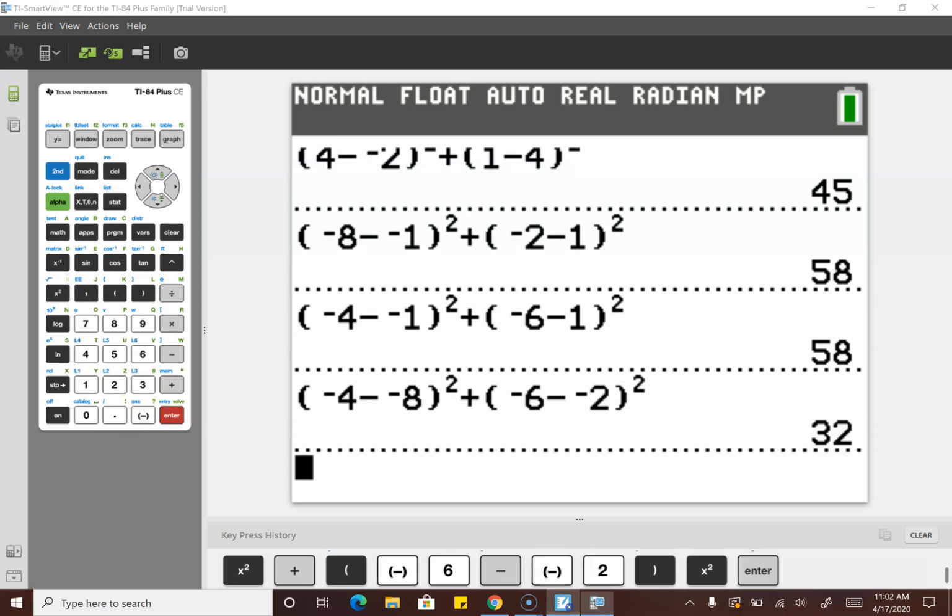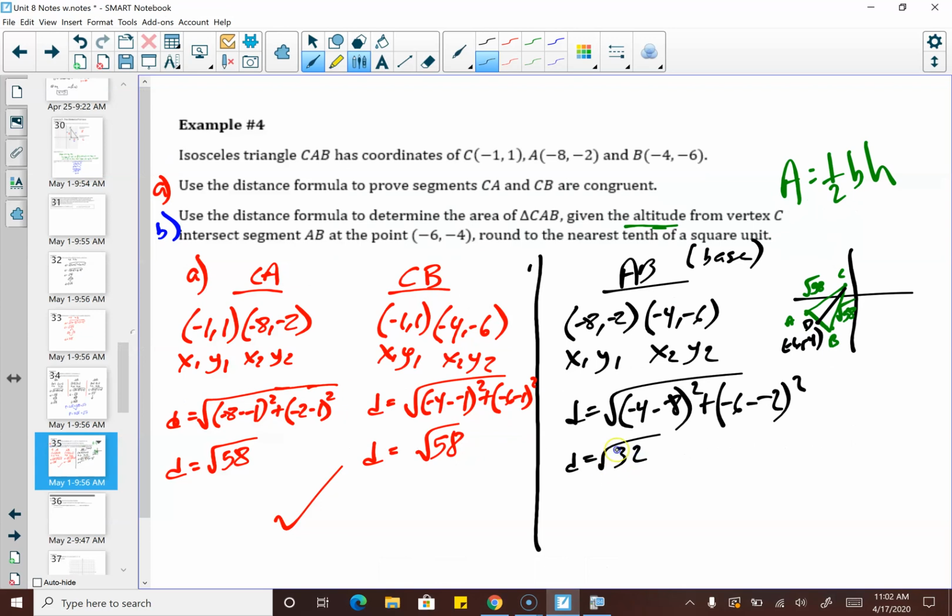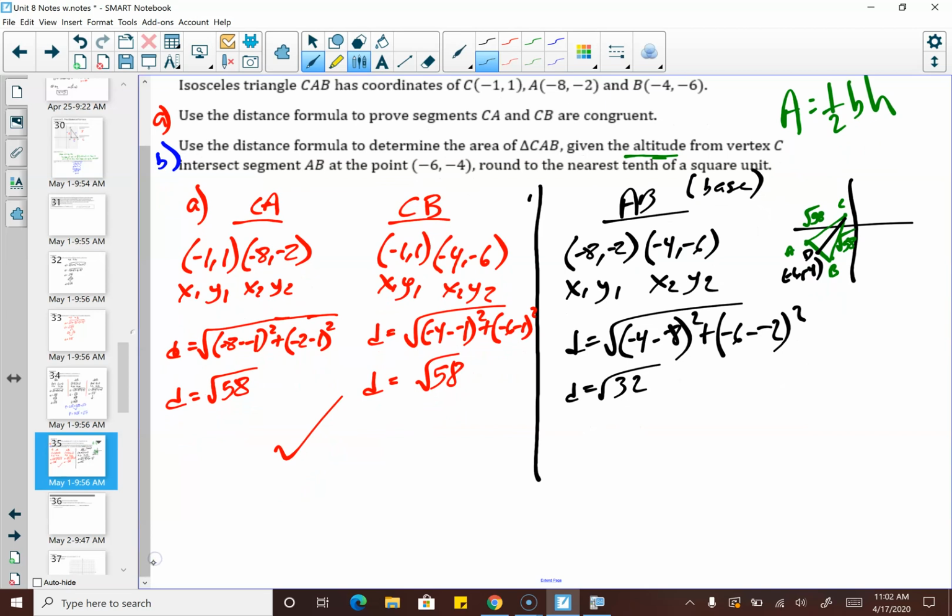And I get the square root of 32. I'm not going to bother to simplify that because it tells us to round, so we're going to end up putting it in our calculator anyway. It's a little bit of overkill to simplify it, because then you're just kind of risking making a mistake.